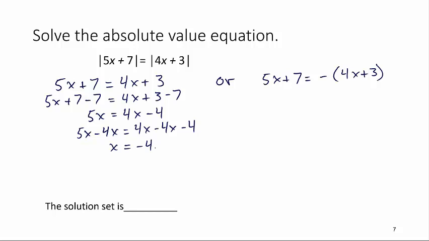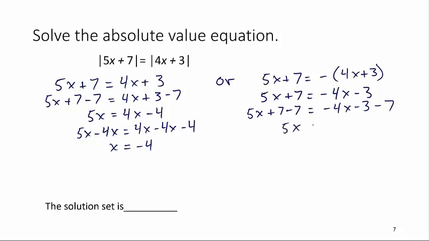All right, with this other equation of 5x plus 7 equal to negative quantity 4x plus 3, the first thing you want to do is distribute the negative. So I have -4x minus 3. So now I need to subtract 7 from both sides, so I'm going to have 5x plus 7 minus 7 equal to -4x minus 3 minus 7. So I have 5x equal to -4x minus 10.